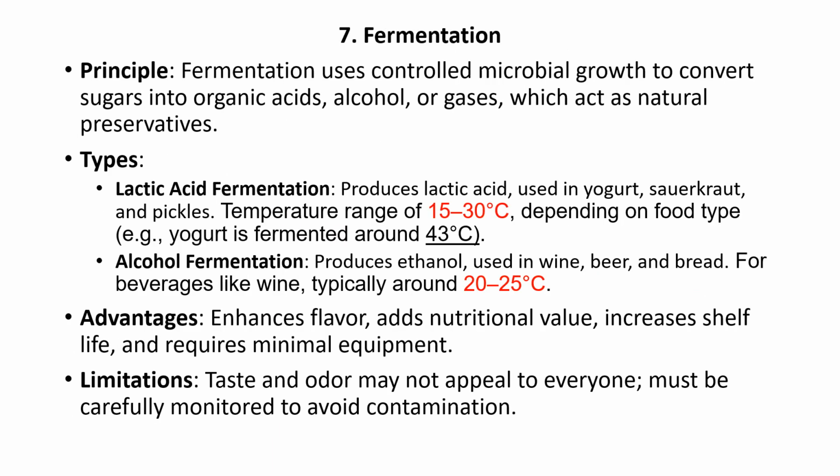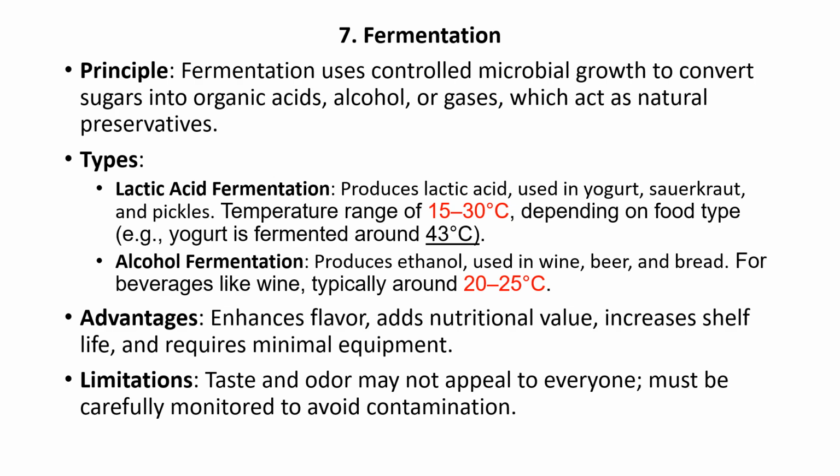Next is fermentation. Fermentation uses controlled microbial growth to convert sugars into organic acids, alcohol, and gases, which act as natural preservatives. Okay, so the types include lactic acid fermentation and alcohol fermentation.